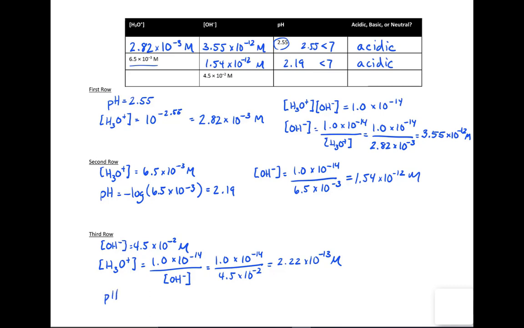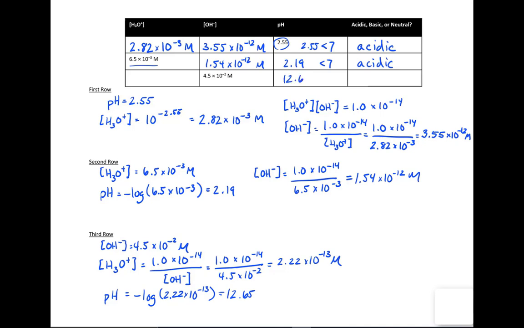Now that we know the hydronium ion concentration, we can find the pH. The pH is simply negative log of the hydronium ion concentration. In this problem, the pH is 12.65.